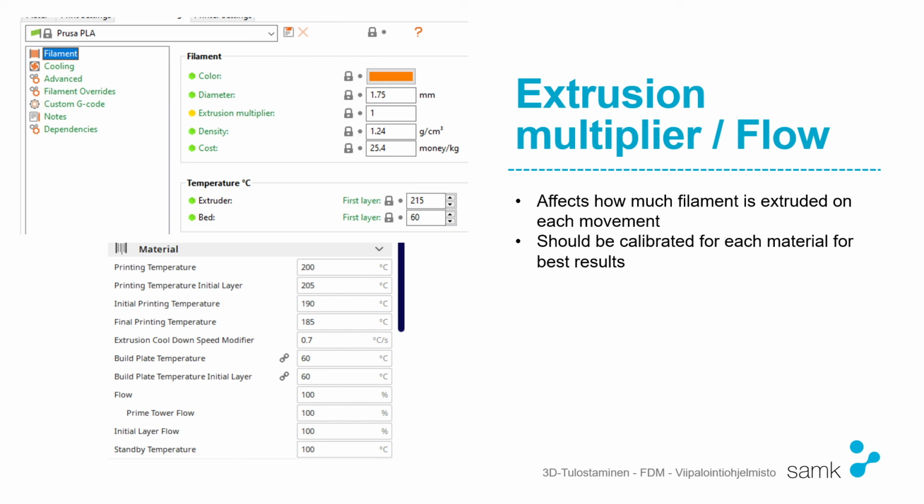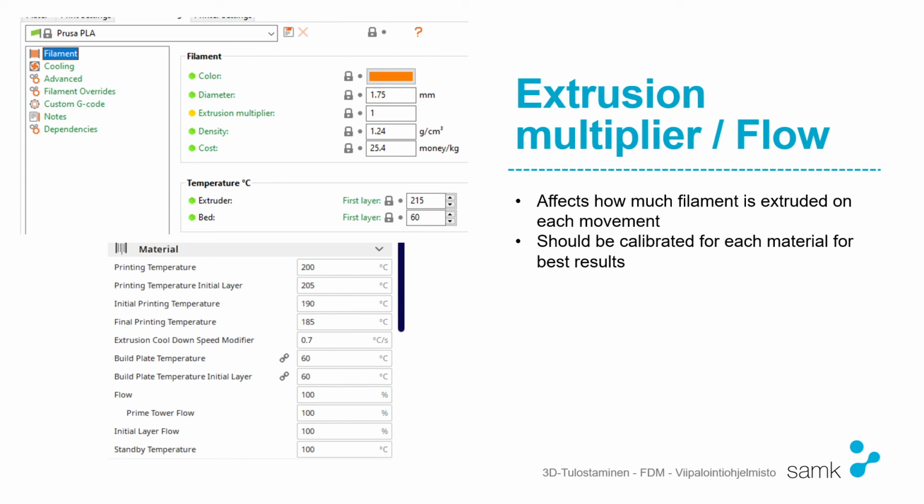If you try to print a cube that is 20 millimeters by 20 millimeters by 20 millimeters, and it's like 20.4 or 20.5 millimeters, that might be a case of the extrusion multiplier value being too high. So you need to calibrate that value. And it should be calibrated for each material for best results.